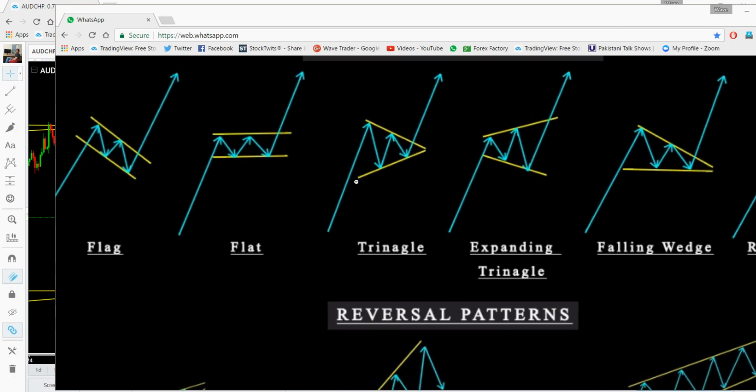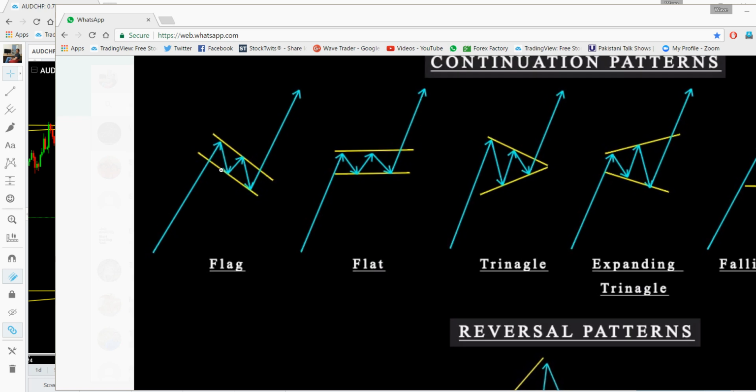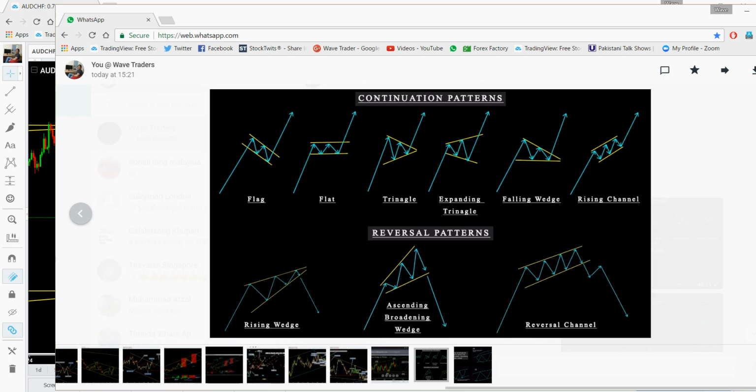These are the types. Either price can form a flag, which is forming at the moment, or it can form a flat channel, or a triangle, or an expanding triangle, or a falling wedge, or a rising channel with the trend.